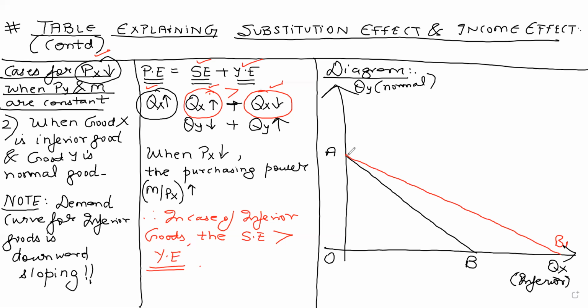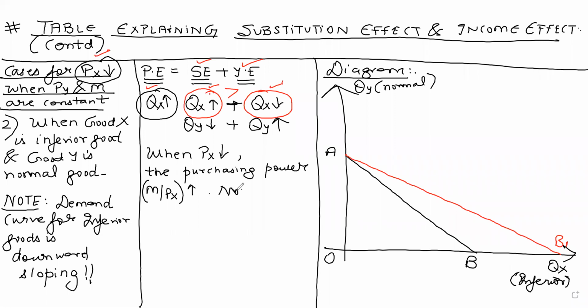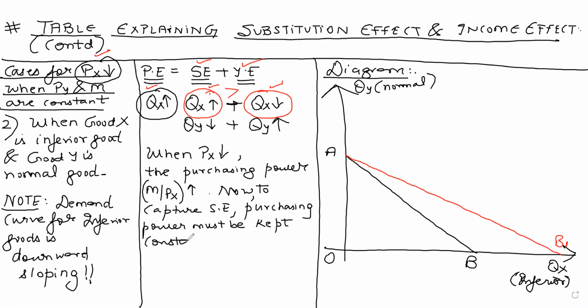Now guys, how do I capture substitution effect? To capture the substitution effect, the purchasing power has to be kept constant. So understand this, I am erasing this part and writing it. Now, how do we keep the purchasing power constant?